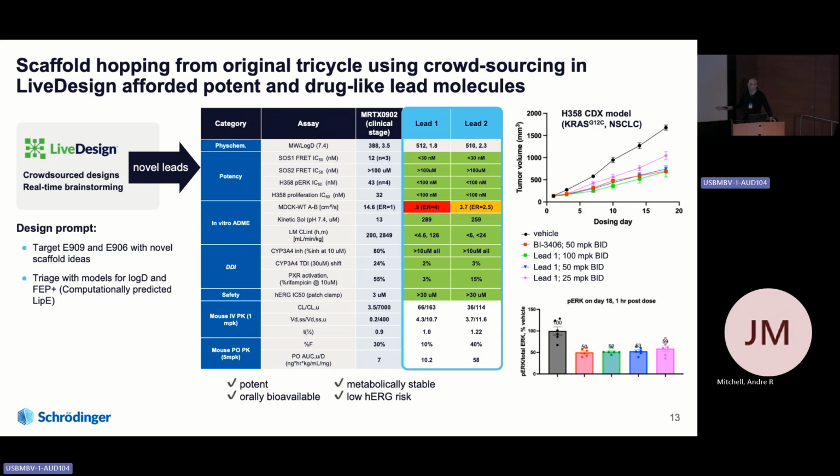The only prompt that we gave them was that we wanted their ideas to continue to target 906 and 909, and also to maintain that northern region. But other than that, we let them sketch in whatever they would like, because we were confident that we could predict a very wide range of new cores accurately at this point.